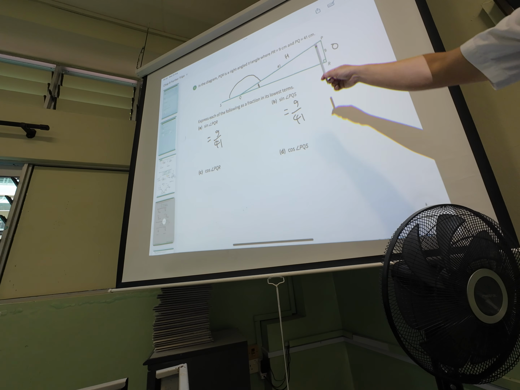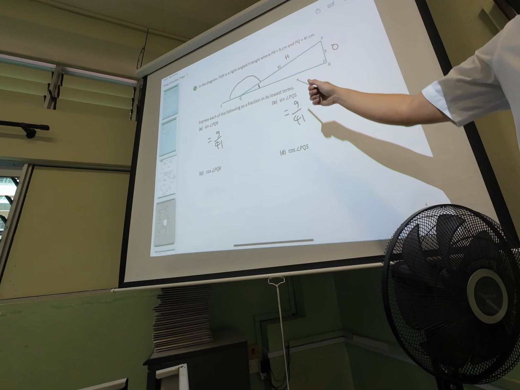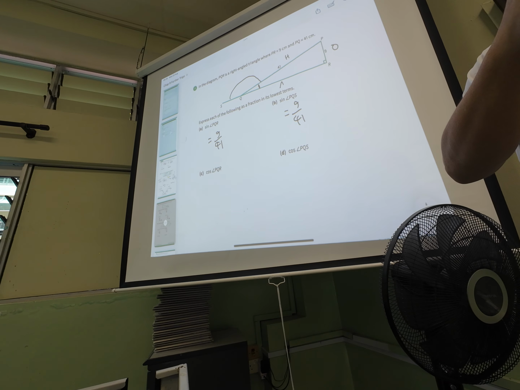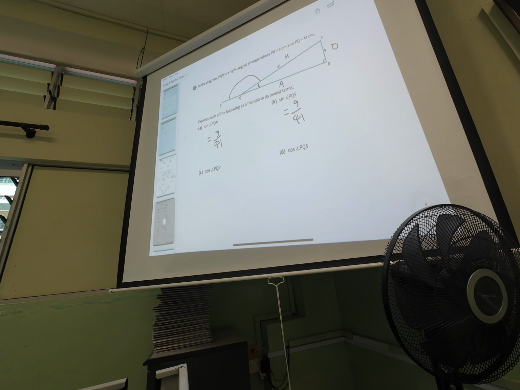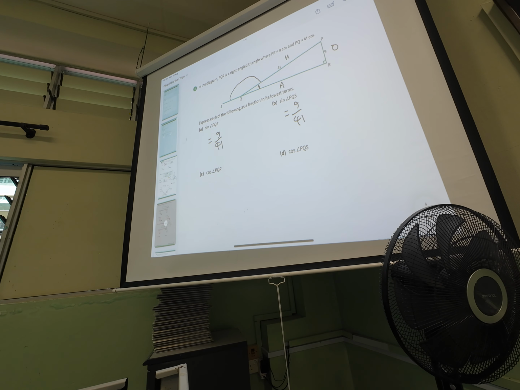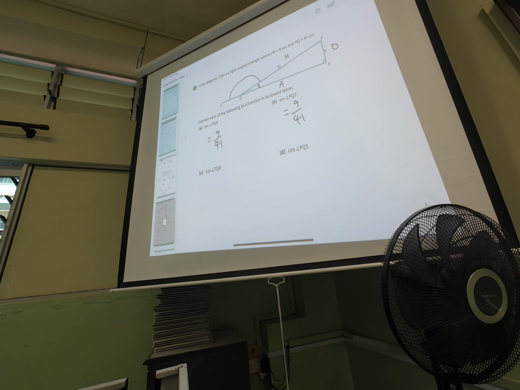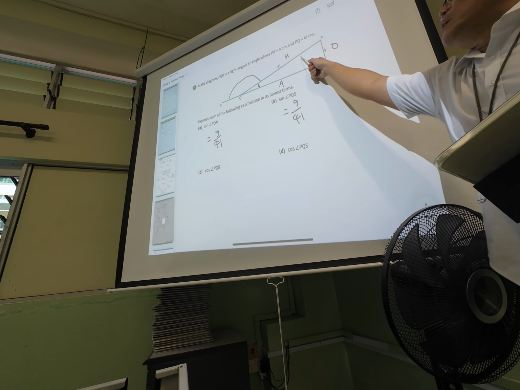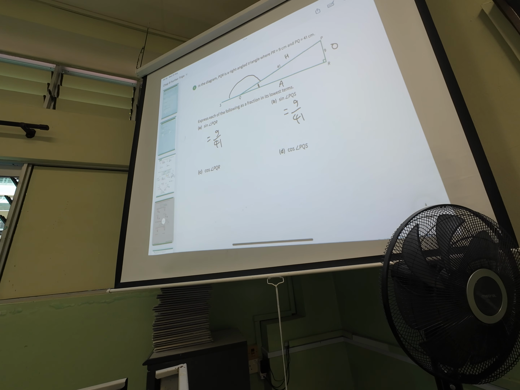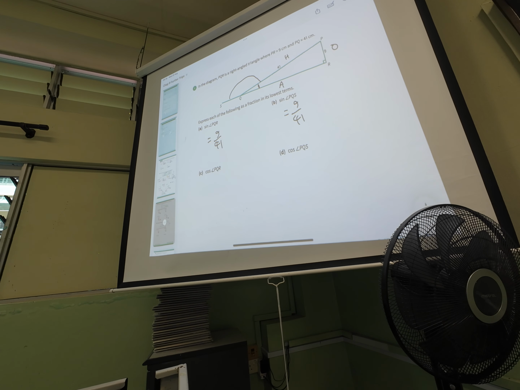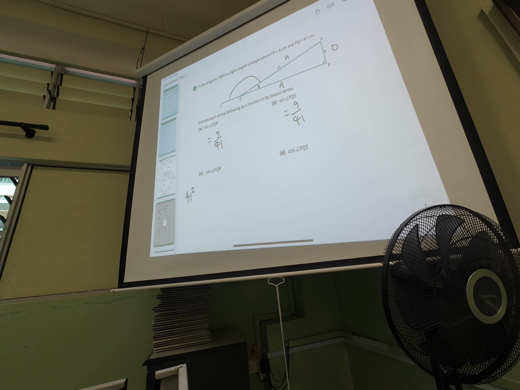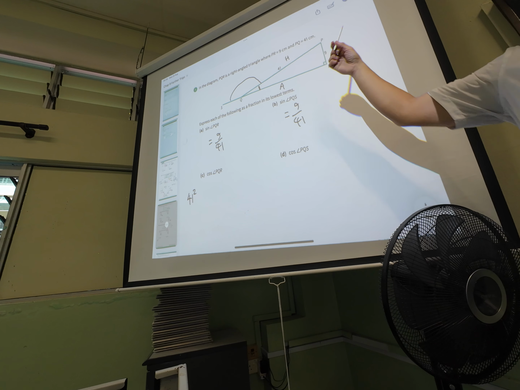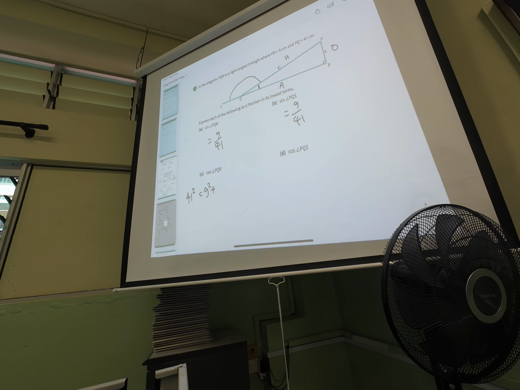Cosine PQR. Okay. This time round we don't know the adjacent, but it is a right angle triangle. The two things that we are always related to a right angle triangle are SOH CAH TOA and your Pythagoras theorem. If I know these two sides, I can find this side also. You were given 40, you found 40. Why so fast? Okay. So the longer side squared equals the two shorter sides squared and added together.